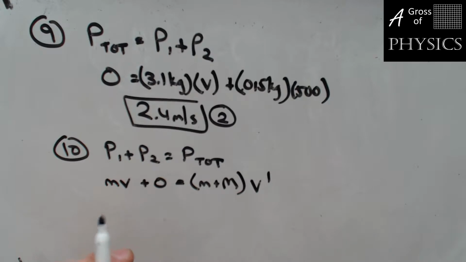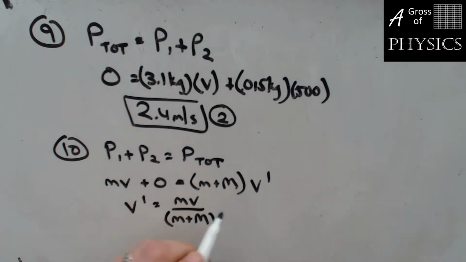And we're looking for v prime. So v prime equals mv over m plus big M. They're pulling out a v, so it's going to be choice 4. They wrote it as m over m plus big M times v. We're just factoring the v out.